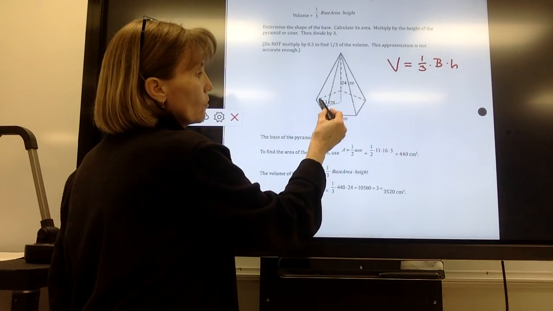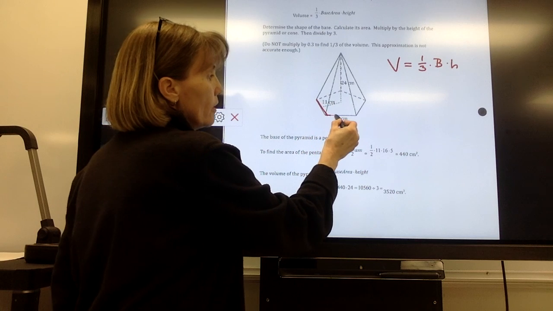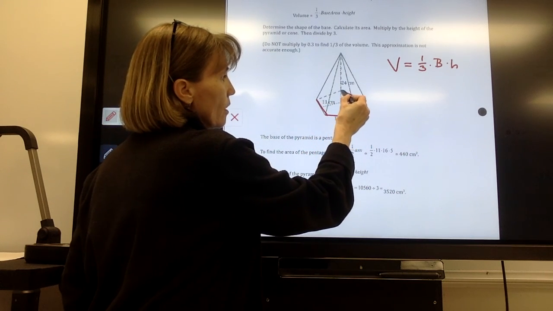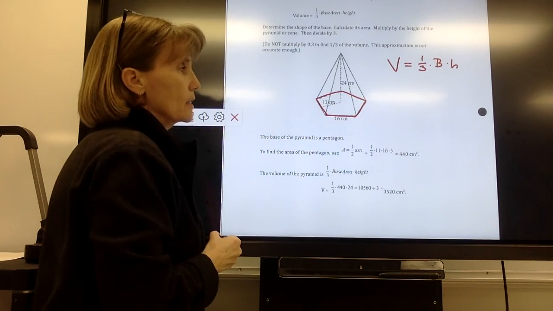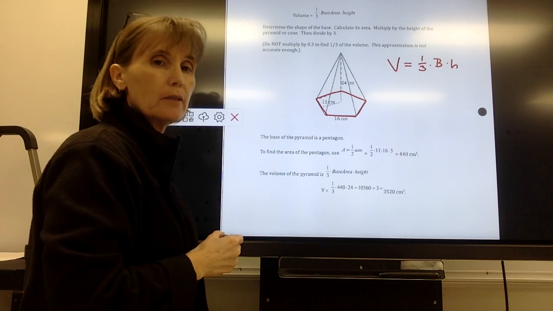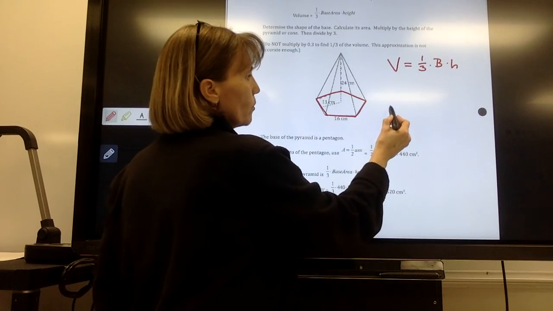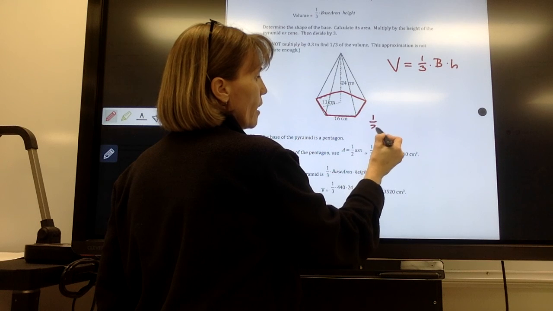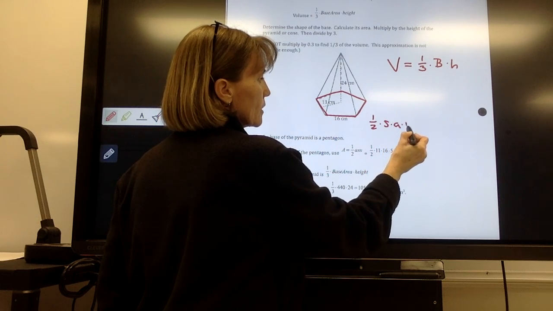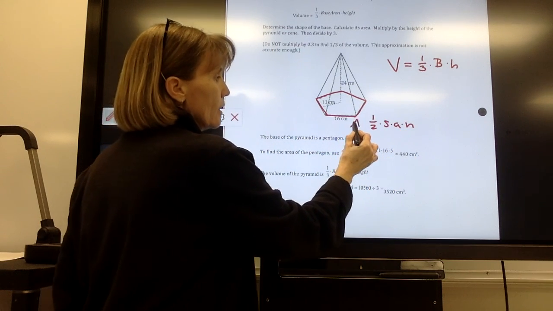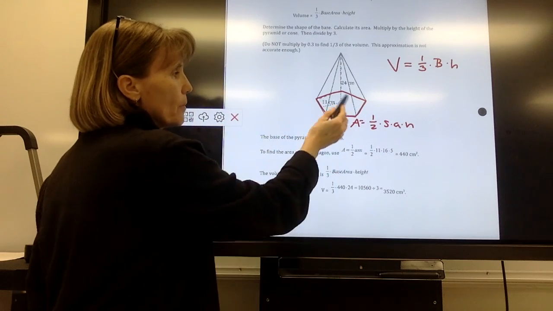So in this particular pyramid, we have a pentagon as my base. So how do we find the area of a pentagon? Okay, that's that formula of 1/2 times S times A times N. 1/2 SAN is what we use to find the area of that pentagon.